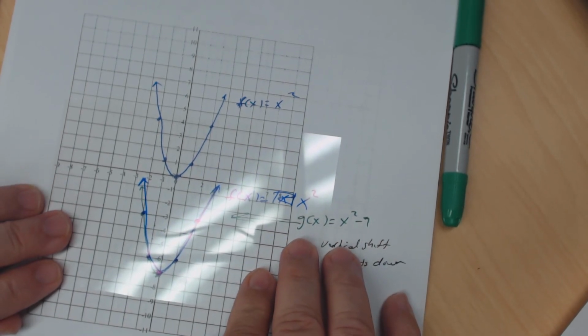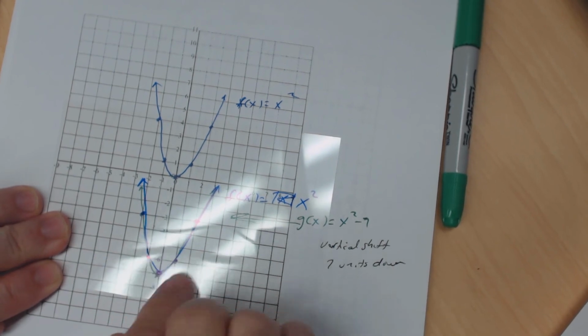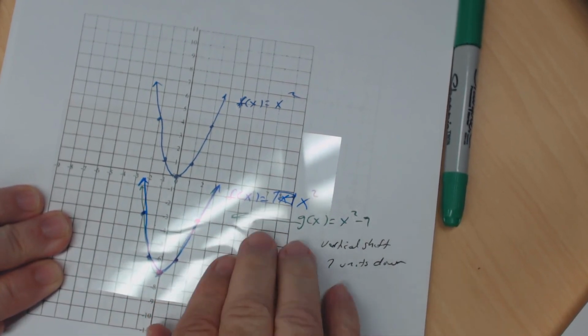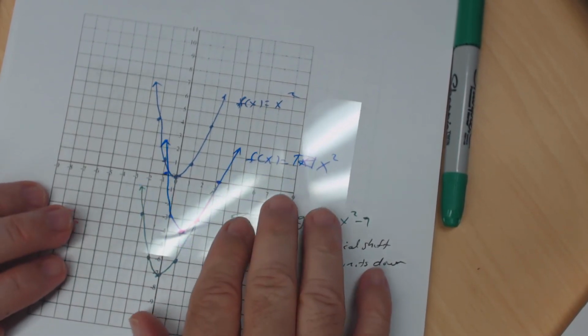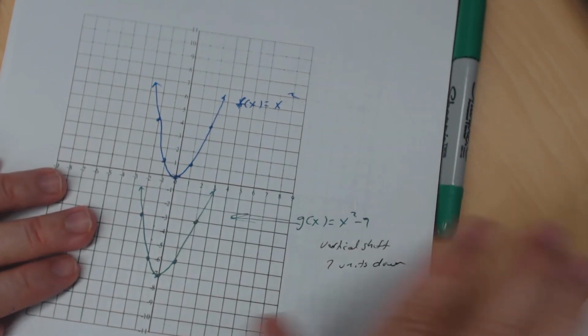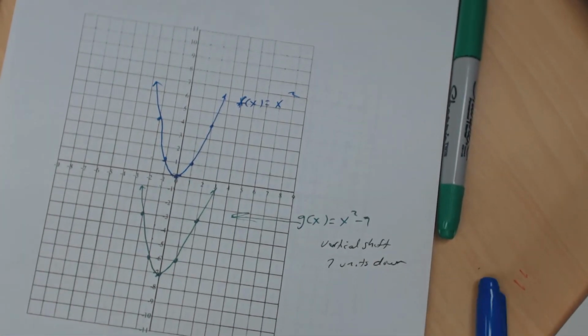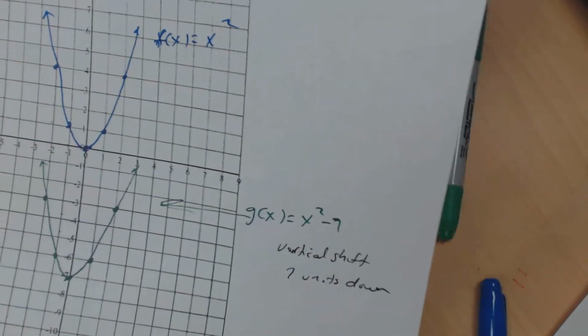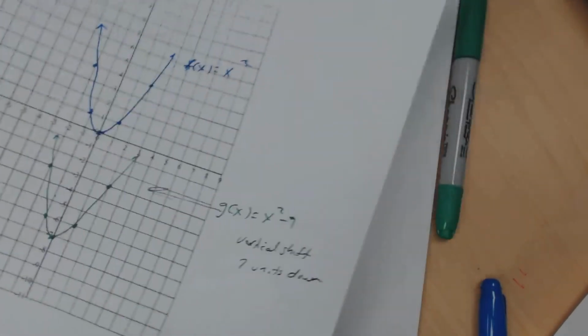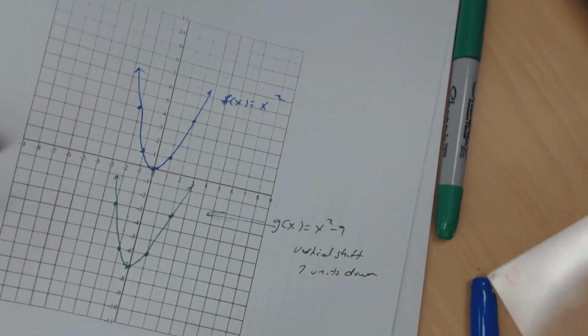And when I go down 7 units, it overlaps with my g of x. So that's your vertical shift. That's what you would show on the worksheet.